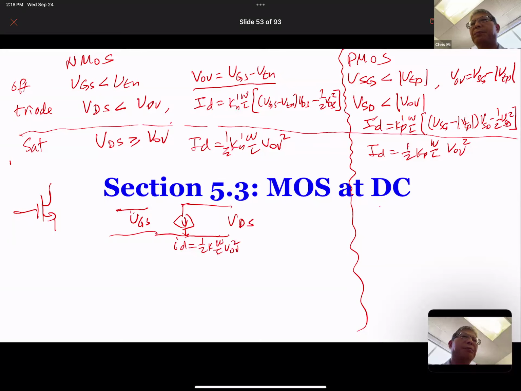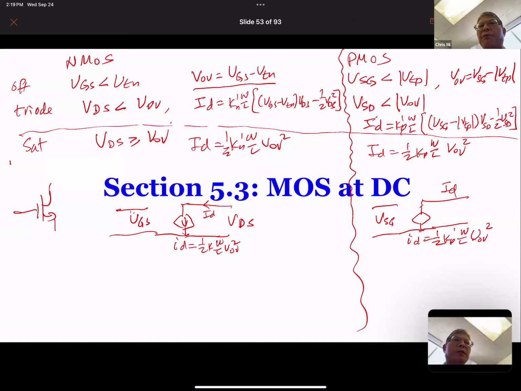And similarly for the PMOS, you have VSG, you have the current, and you have ID equal to 1/2 Kp W over L VOV squared. So that's in a perfect model.